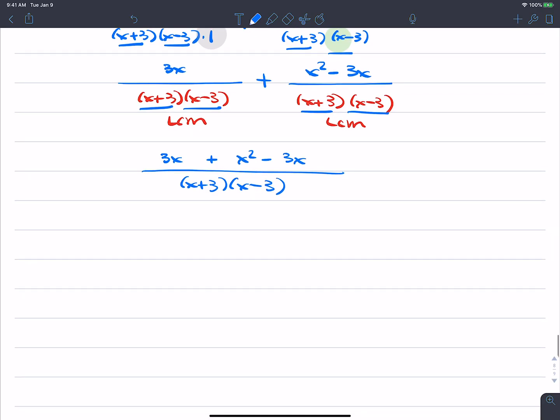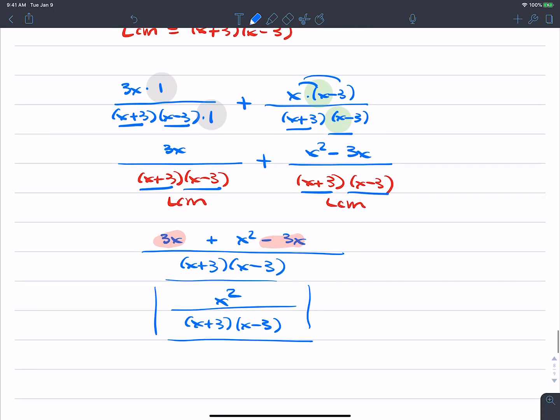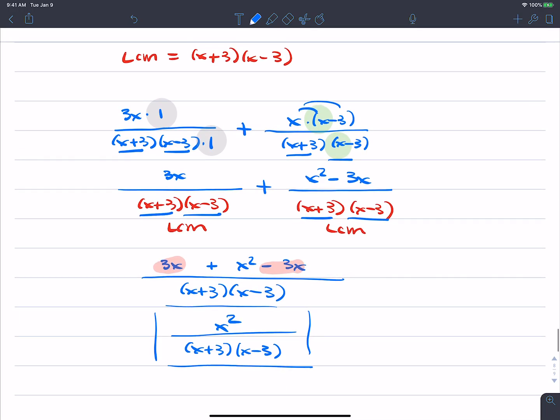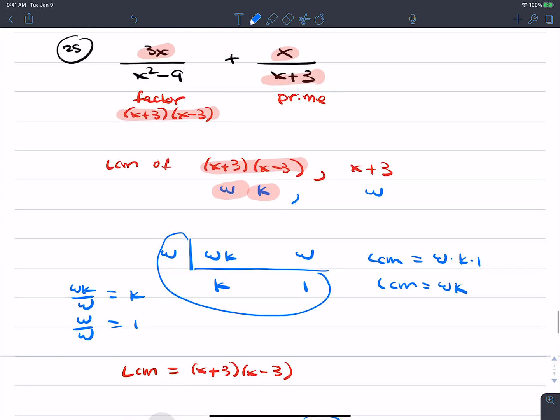We can now combine our like terms. 3x minus 3x cancels, and we just have x squared over x plus 3 times x minus 3. And you're done. There you go. This is number 25.